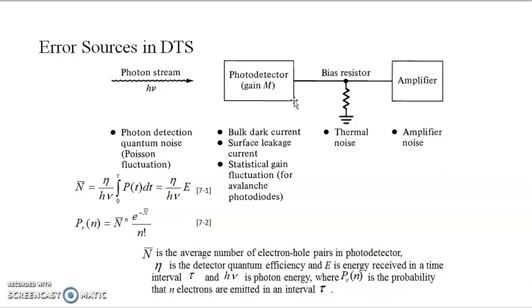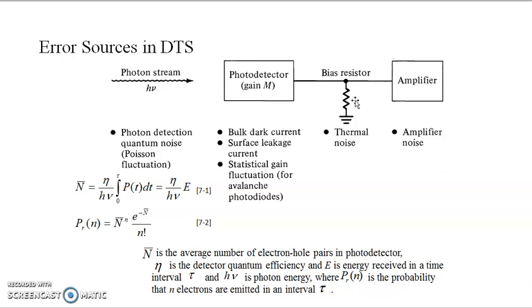Thermal noise arises in this case because of the random motion of electrons in a conductor. And the photodiode dark current flows through the circuit when there is no light from your optical fiber, but some light falls on the detector, and because of that there will be a dark current.